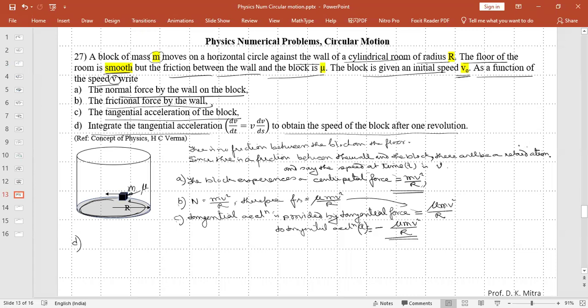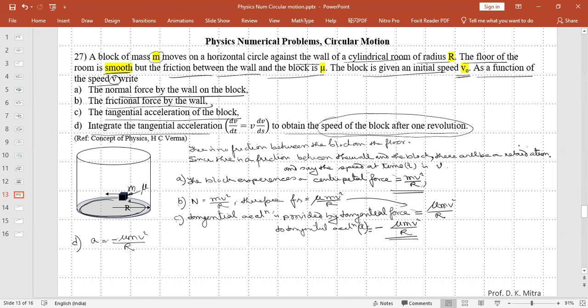We can easily find out the speed of the block after one revolution. We start this way. We know that acceleration A is equal to minus mu v square by r.